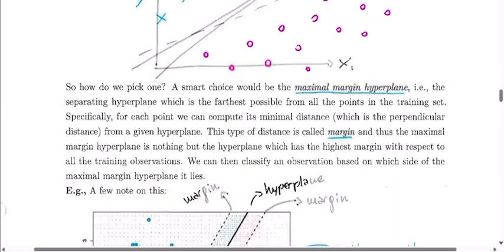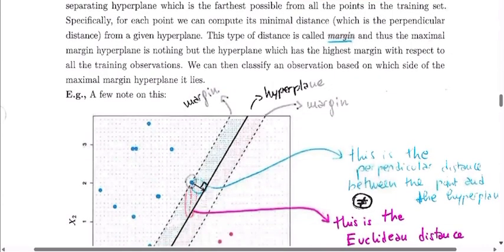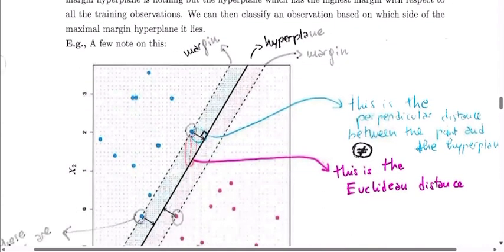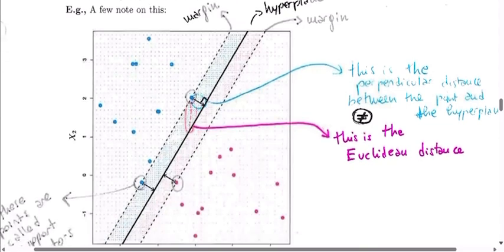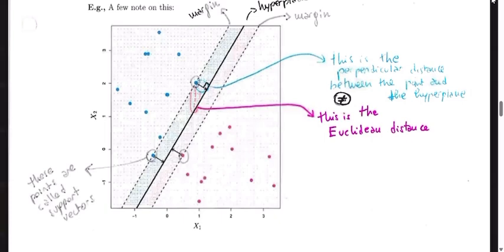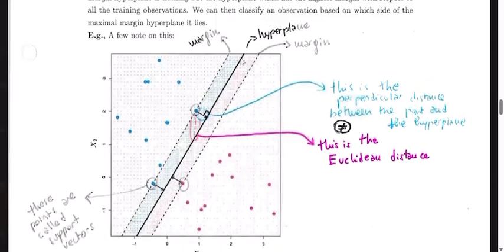So I'm going to show you some stuff. Please pay attention. Now I'm going to show you the hyperplane that I talked about. Here, the hyperplane is this solid line. Can you see this solid black line? That is the hyperplane that I just talked about.